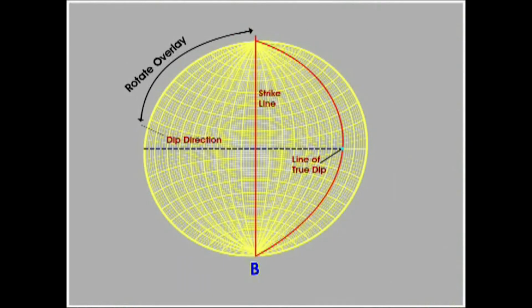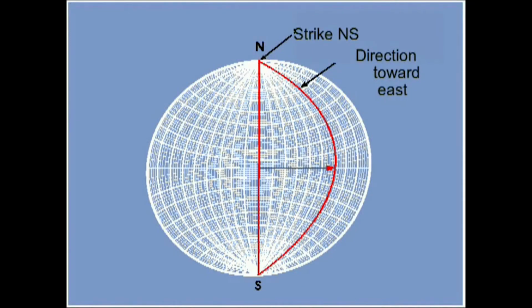A horizontal plane will intersect the sphere along the equatorial plane. So, its stereographic projection will be the periphery of the equatorial plane, while a vertical plane striking north south will intersect the lower hemisphere along a curved line, but the cyclographic or stereographic projection of this curved line will be a straight line on the equatorial plane running north south.